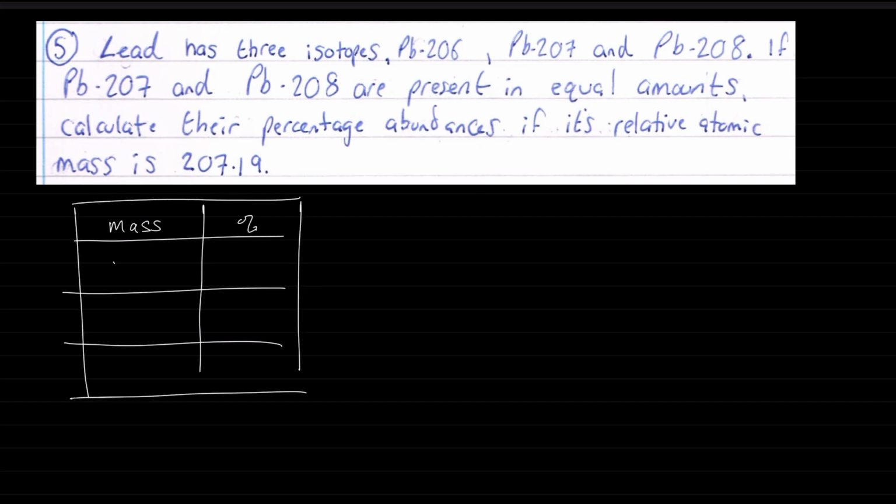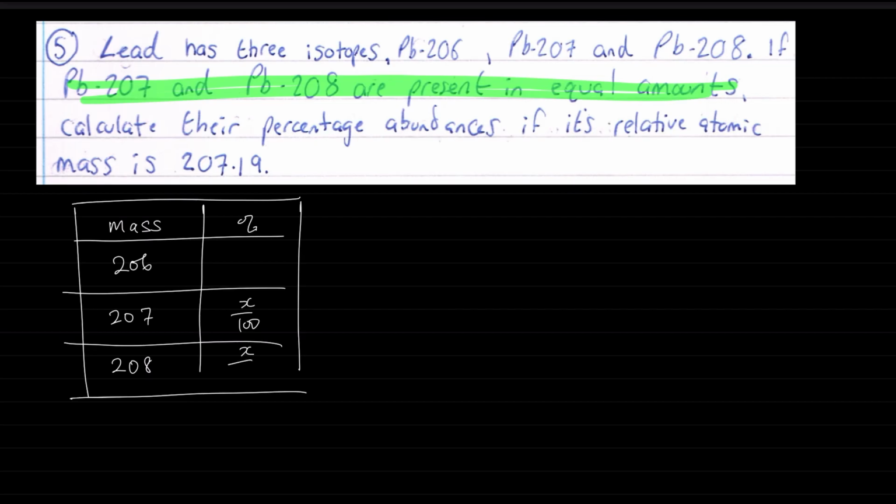All right, so we have 206, 207, 208. Now they give us a clue. They tell us that Pb207 and 208 are present in equal amounts. So their percentages will be the same. So x over 100 and x over 100. Now that means 206 is going to be 100 minus 2x over 100, because it's the remainder. Okay?